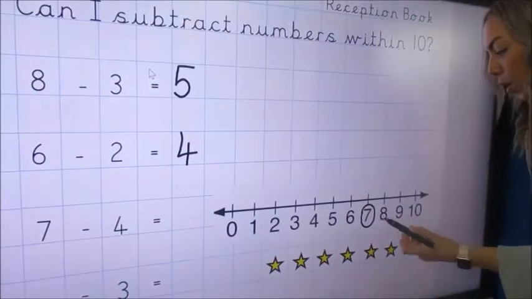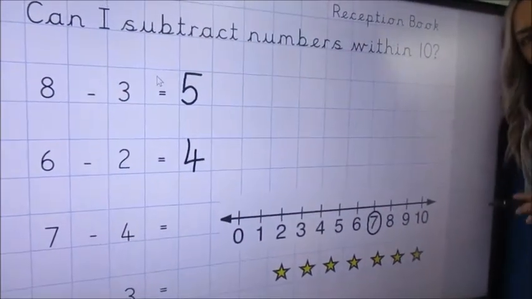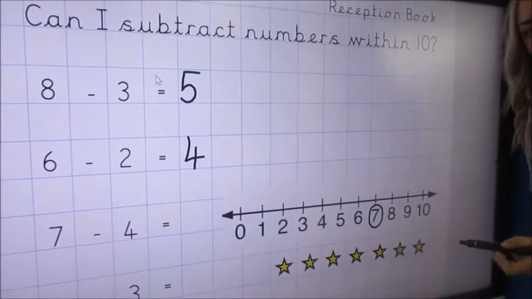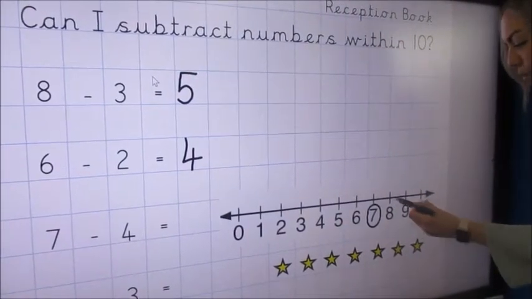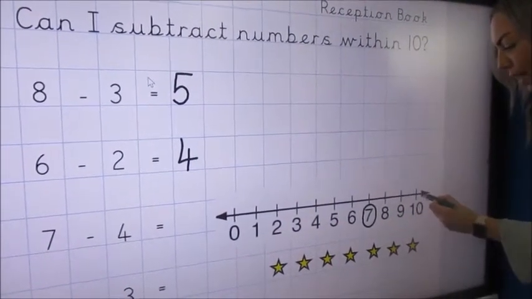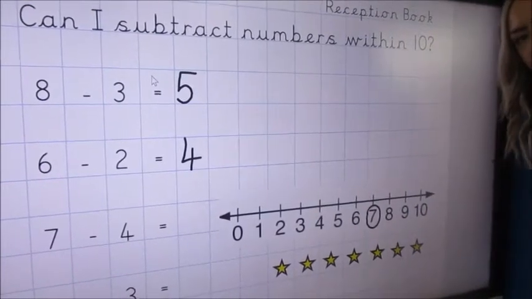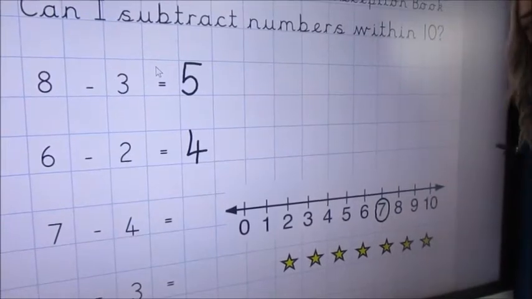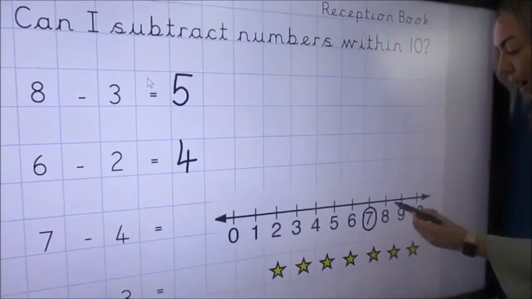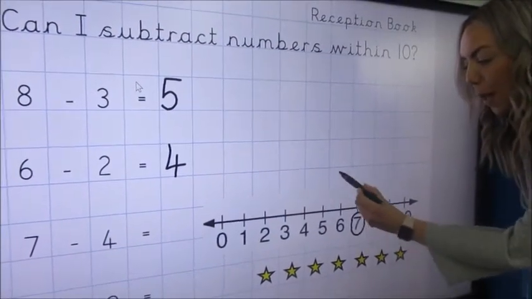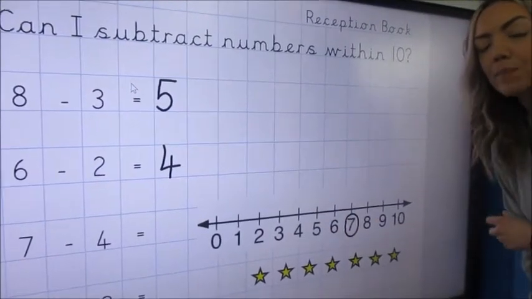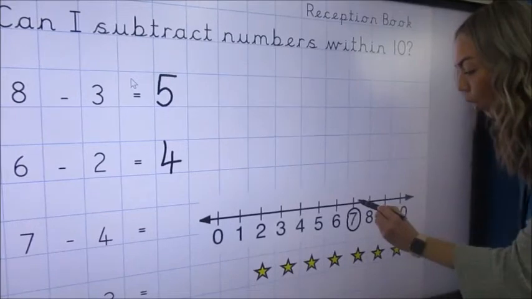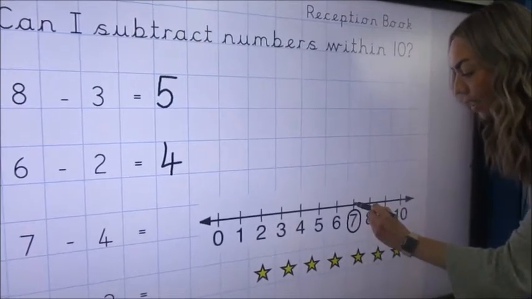So I know when I'm taking away, just like yesterday, my number needs to get smaller. So if I jump this way, is my number going to get smaller? It's not. It will get bigger, and we know that's adding. So I know that I need to jump backwards when I am subtracting. So I'm going to jump backwards 4 big jumps. Count with me.